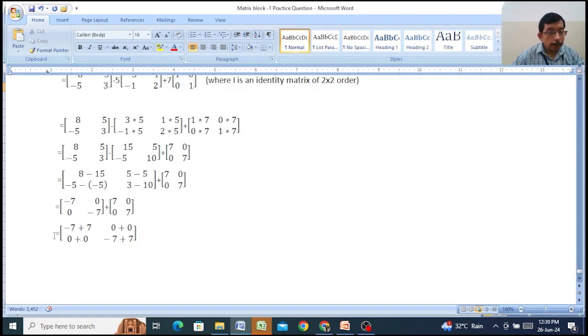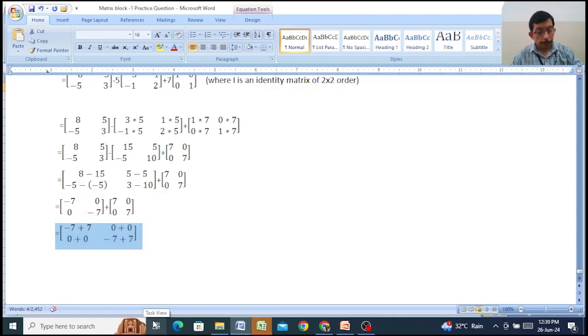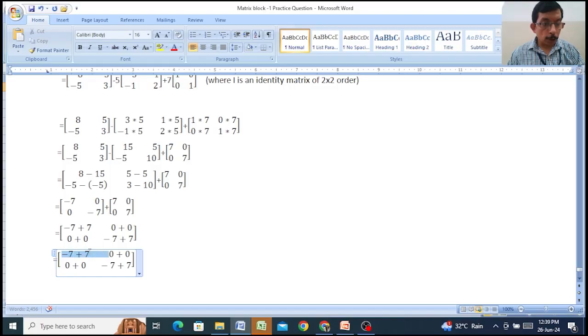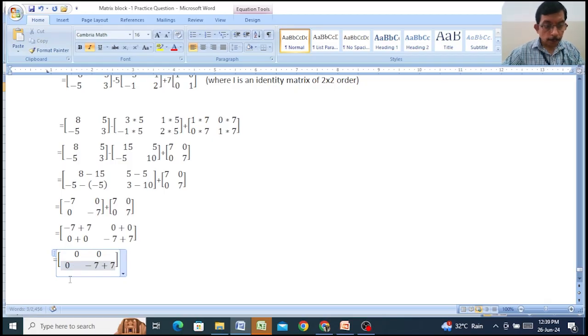Now simplify. Minus 7 plus 7 is 0, note down the same position 0. 0 plus 0 is also 0, note down the same position 0. 0 plus 0 is 0, note down the same position 0. Minus 7 plus 7, note down 0 in the same position.